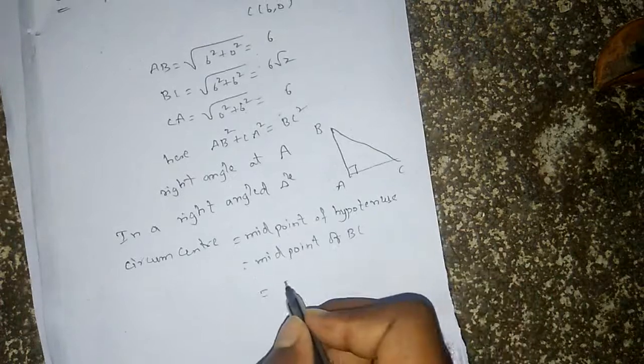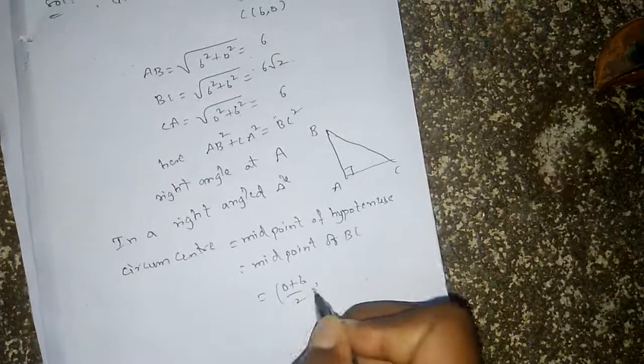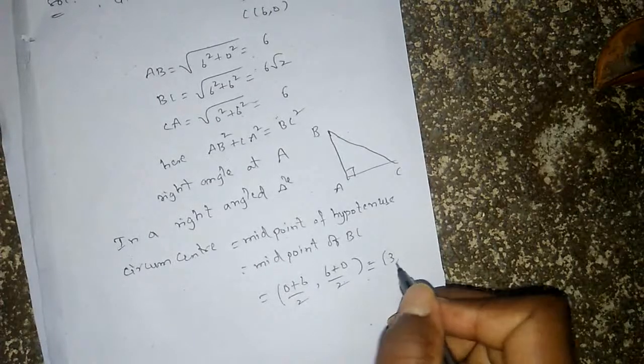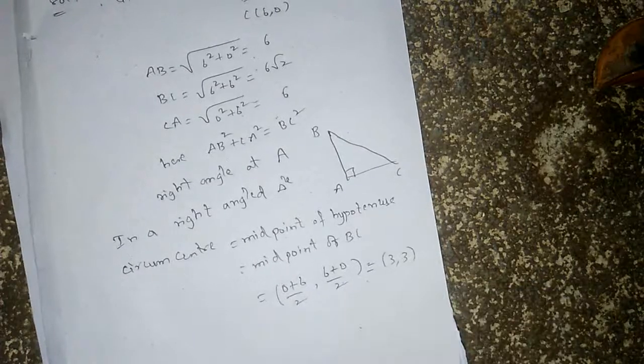So that is 0 plus 6 by 2, 6 plus 0 by 2. That is (3, 3), the circumcenter.